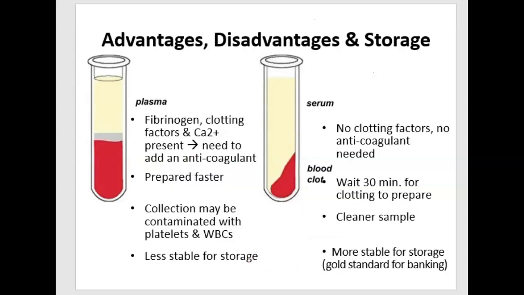Okay, so what are the advantages and disadvantages to using plasma versus serum? So as we know, if you want to keep it around for a while, you're going to have to add an anticoagulant of some kind. But if you're going to use it right away, it's nice because you can obtain it really quickly, right?